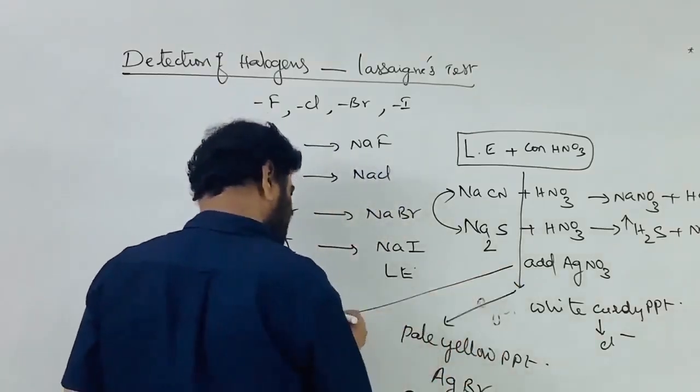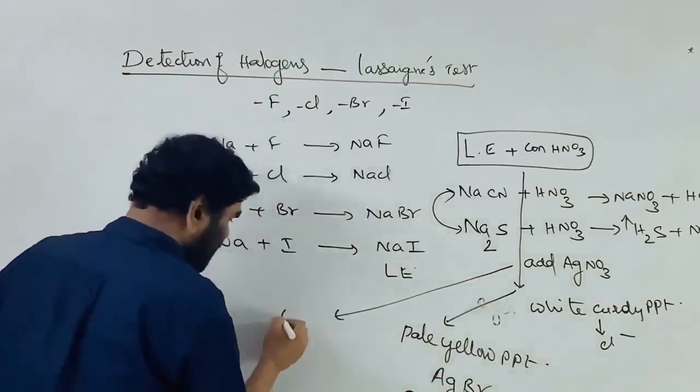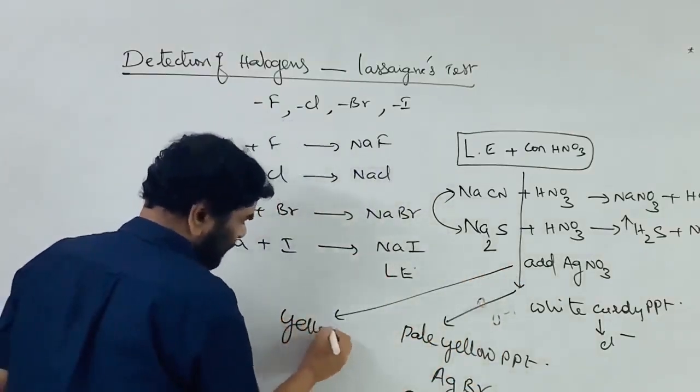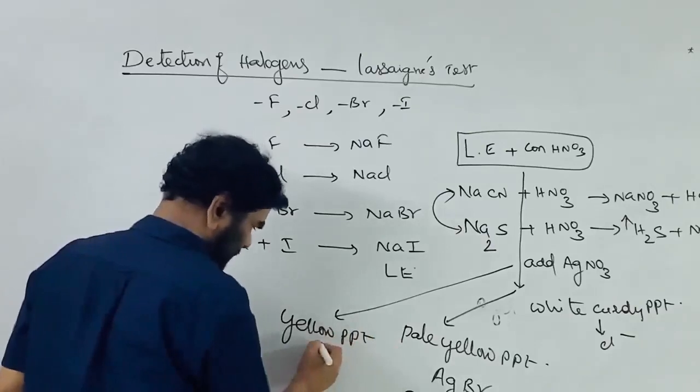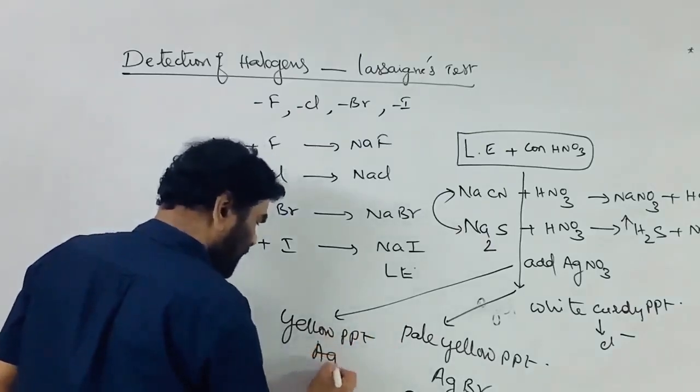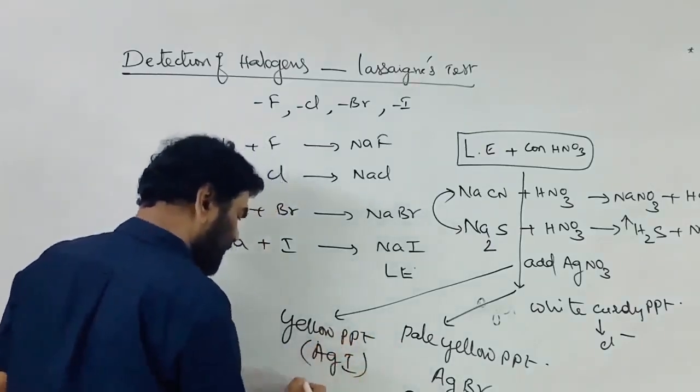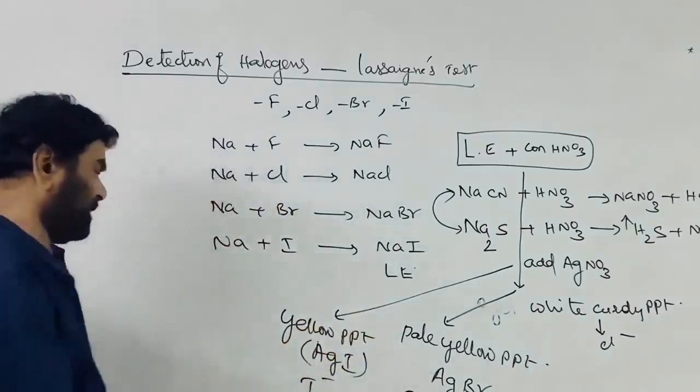If a yellow precipitate is formed, that is silver iodide, and the iodide ion is present.